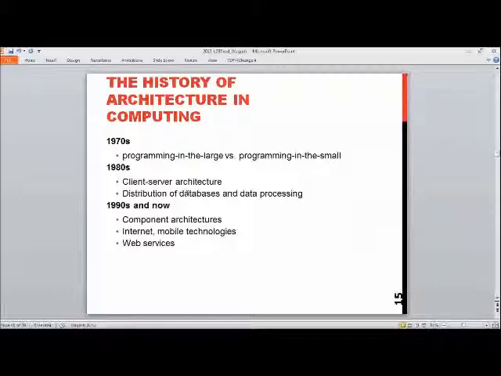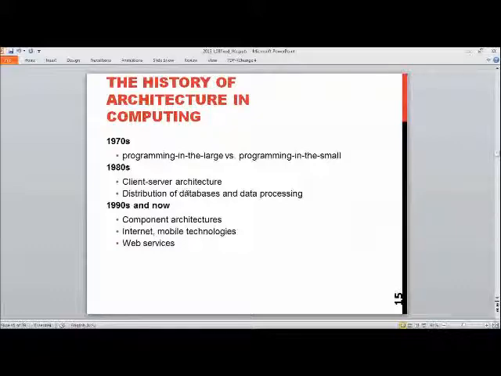Of course, the history of architecture in computing starts from the first programs or first systems, which were actually more than just advanced calculators for physicists or mathematicians.